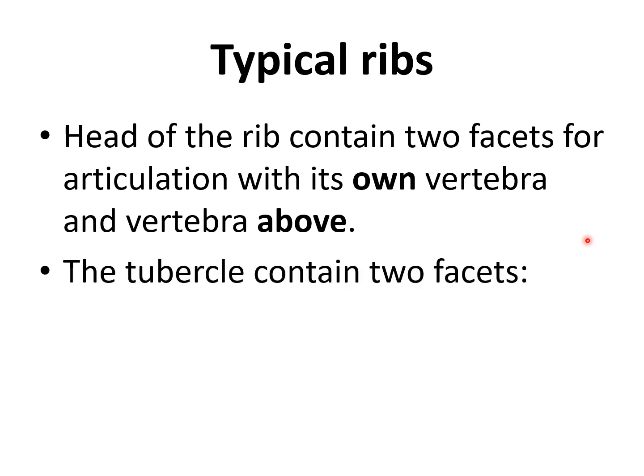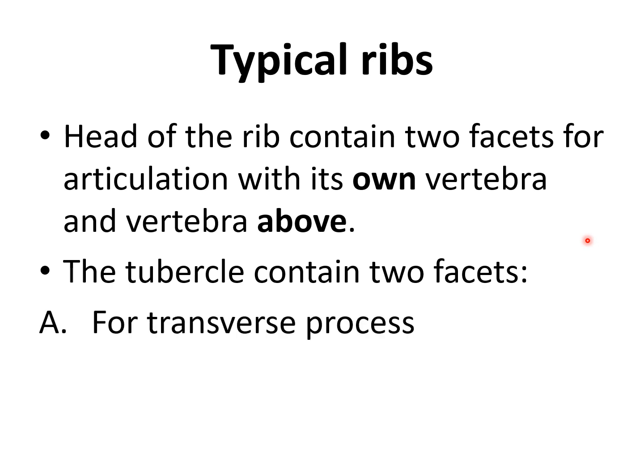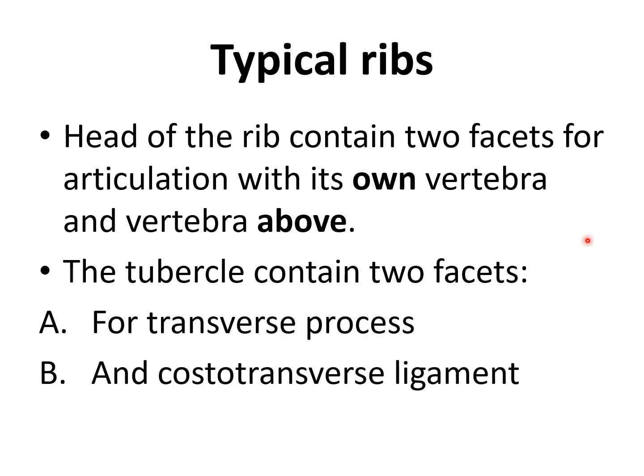The tubercle also contains two facets, for the transverse process and the costotransverse ligament. As we mentioned, the first rib has a head, but the head has one facet for its own vertebra. This is one of the reasons rib 1 is not typical.